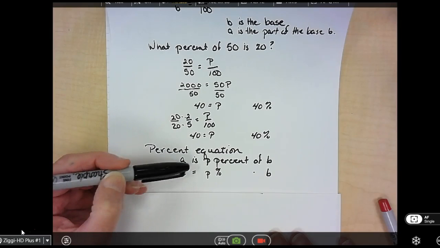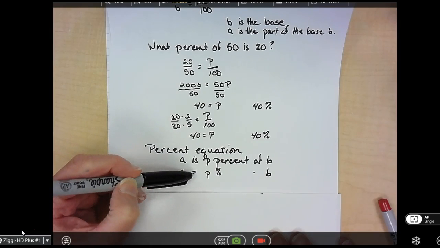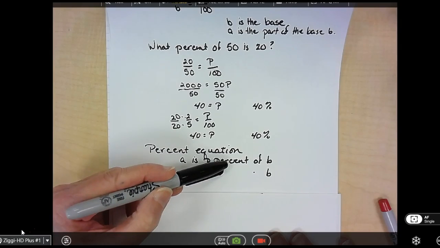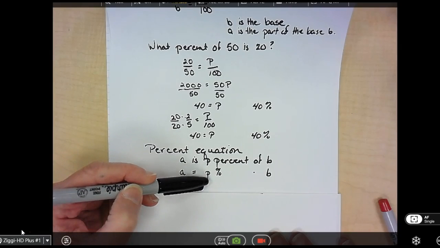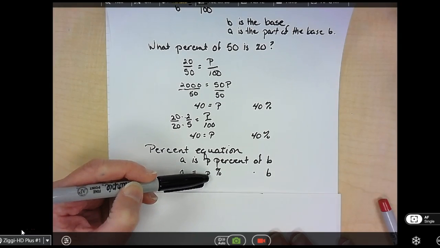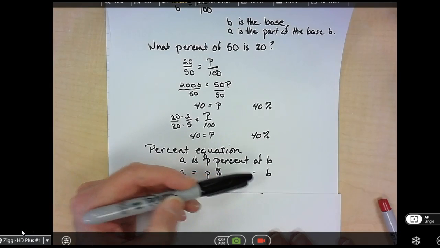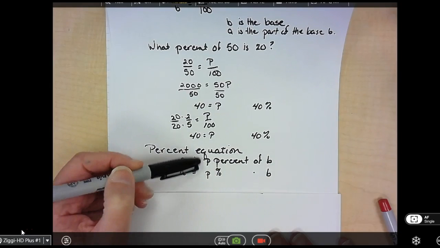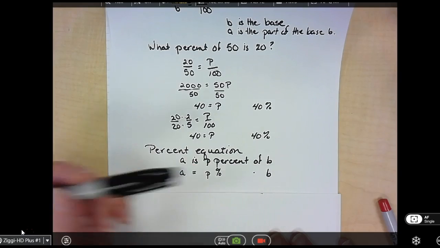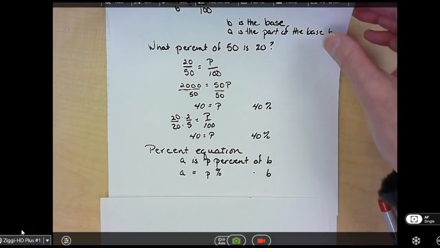A is just A. Is always your equal sign. P percent, use whatever variable you want for your percent. If you want it P, that's great. Of is always multiplication. B will be B. So I can come down, read my sentence exactly, and write my equation.